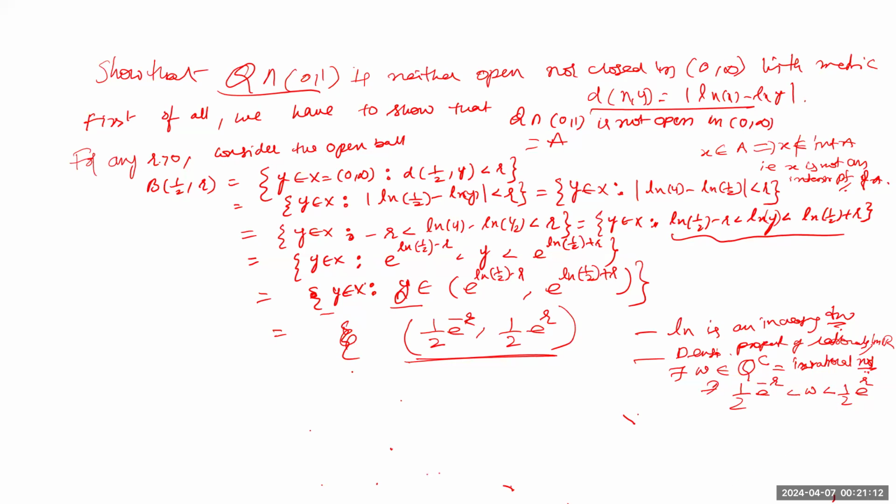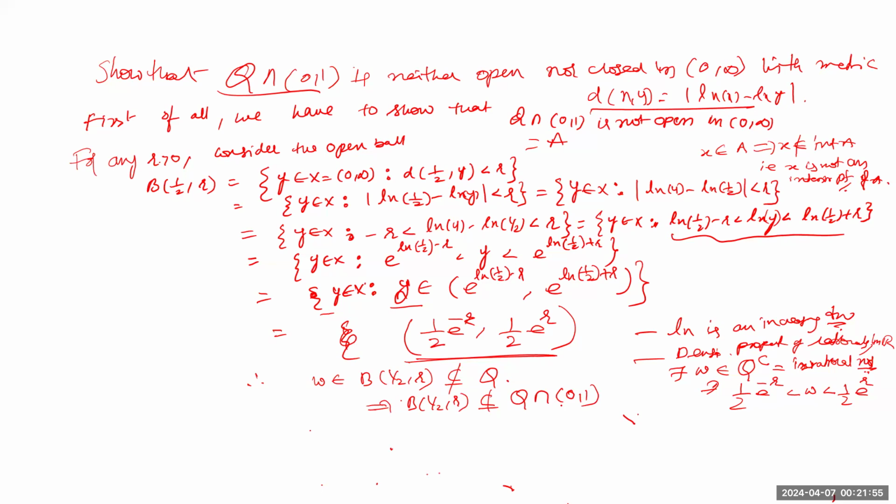So what we concluded here, therefore, is that this W is an irrational number which belongs to the open ball with center 1 by 2 and radius R. So in such a case, this ball is not a subset of Q, and once it is not a subset of Q, it is not a subset of Q intersection 0 comma 1.